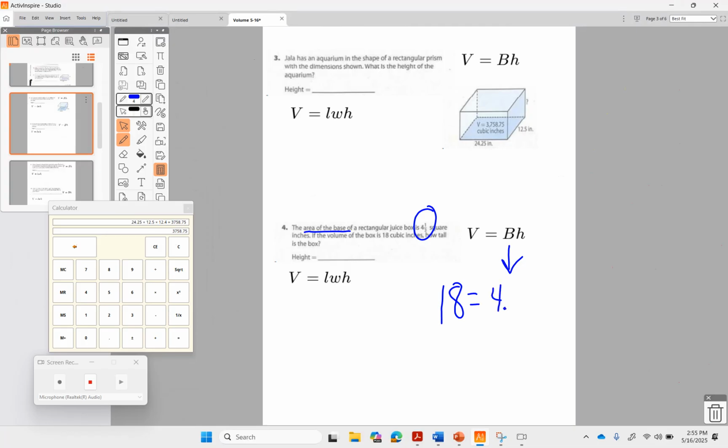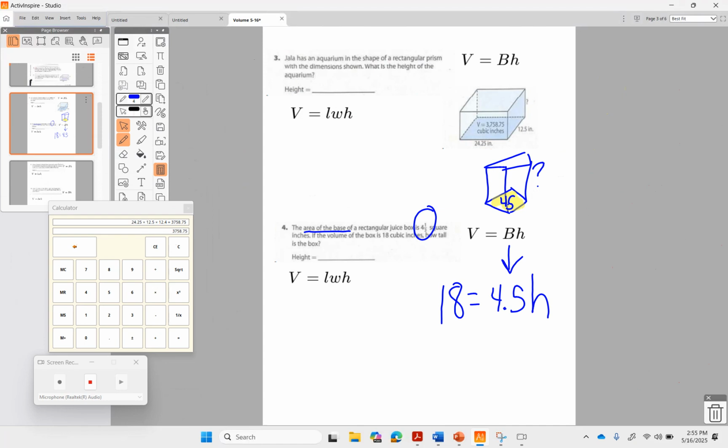That means, whatever the dimensions are, when I multiplied them and I found the area of the base, I got 4.5. I'm going to multiply that by a height that I do not know, and I'm going to get 18.